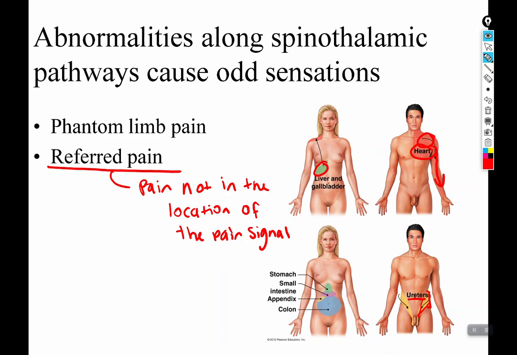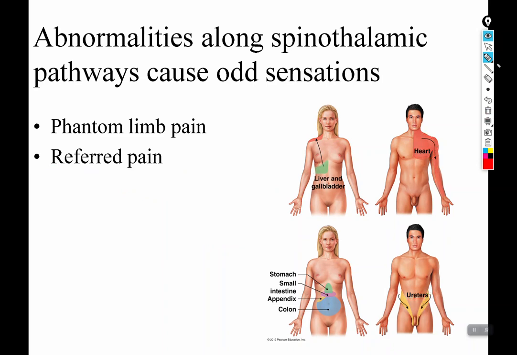And this is just due to cross excitation. And then I already talked about phantom limb pain, which is just excitation in the spinal cord or even above that accidentally excites the pain receptors that are traveling to the cortical area of the phantom limb, even though there is no longer a limb there.